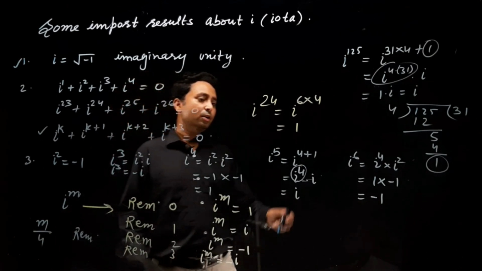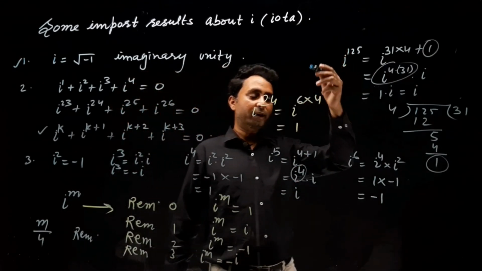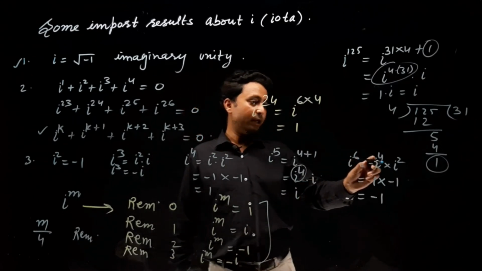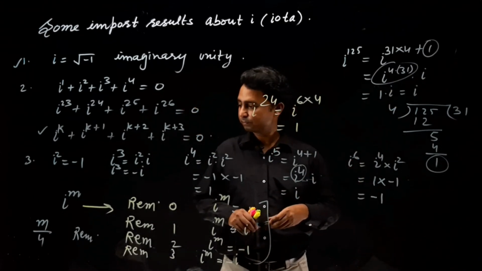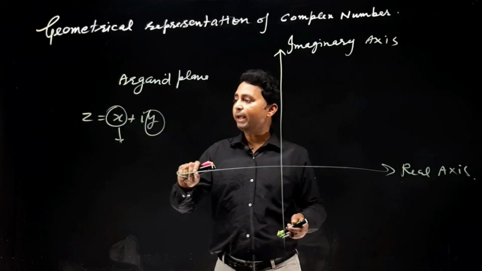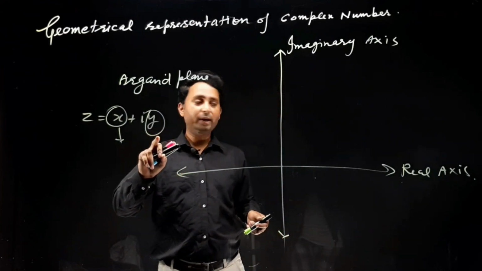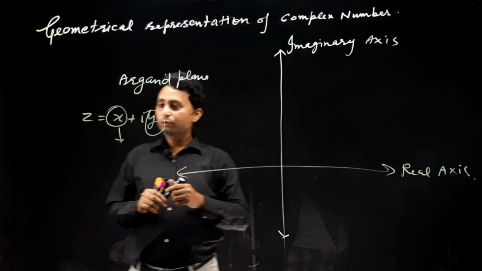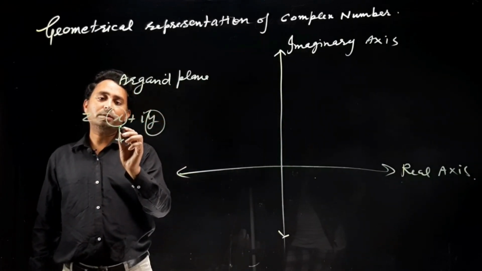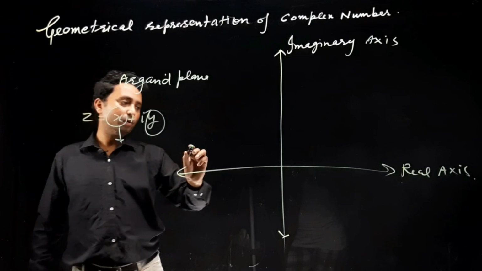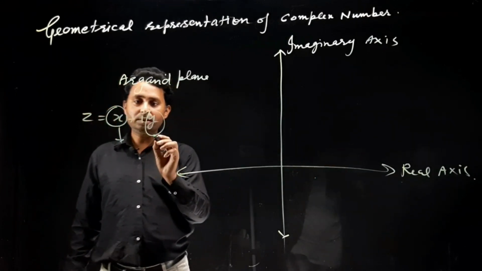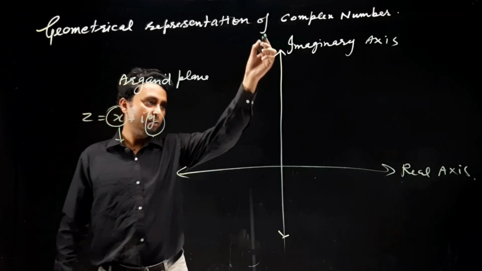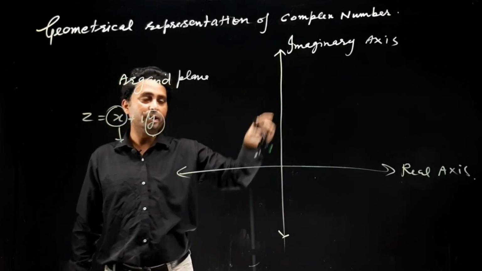These values we can find easily by this rule, or we can try to solve like this. See this number z equals x plus iota y. If we represent this number in the Argand plane, remember the real part will be taken on the real axis, and the imaginary part will be taken on the vertical axis, that is called the imaginary axis.